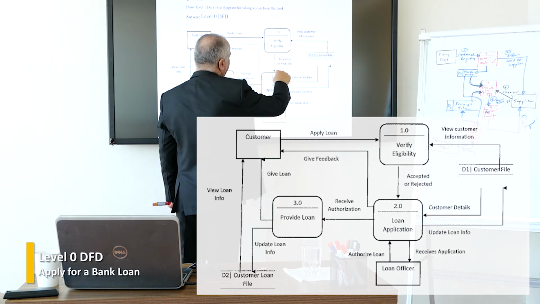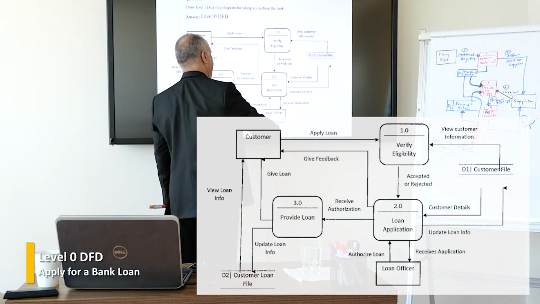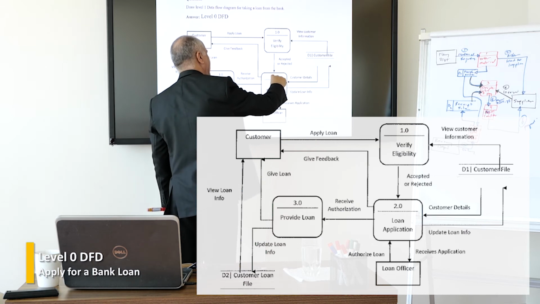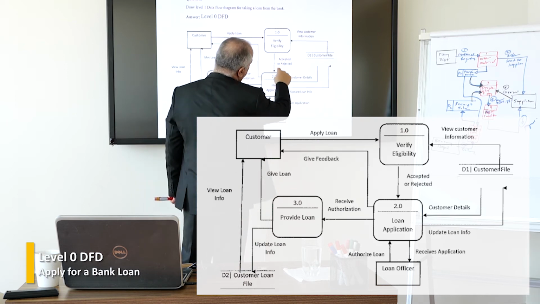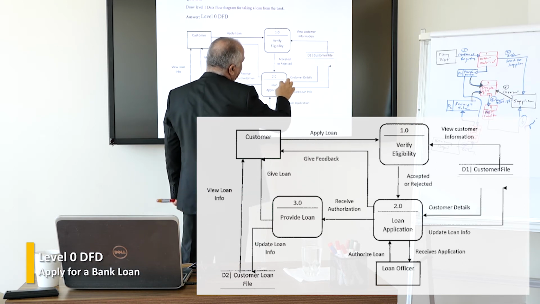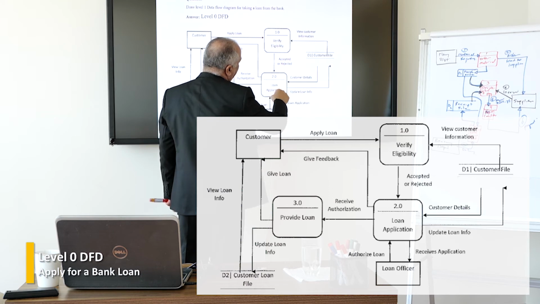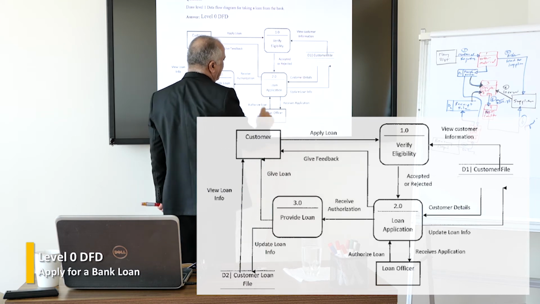Upon that, checking for accepted eligibility or rejection. When it's eligible, the customer will now place a loan. Another program will ask for the customer details, and what the loan need is, and it will write to the customer.